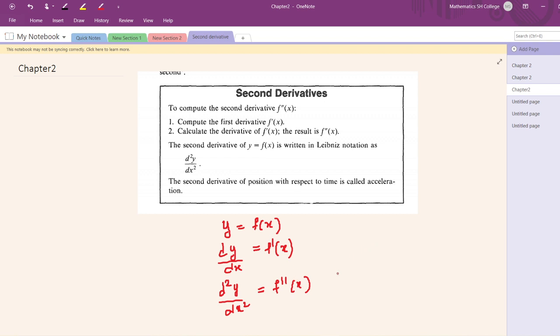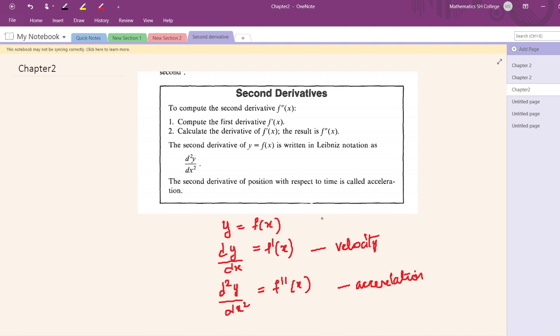And the second derivative of the position with respect to time is called the acceleration. And this is the velocity. This is the position. So, as you calculated the first derivative, in the same way, if you differentiate the first derivative, you will get the second derivative.